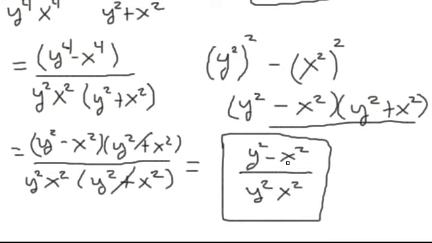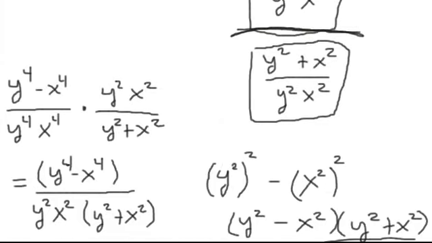And of course, see this? This is the difference of two squares. But that's not going to help us out. So this is it. All of that nutty stuff up here all reduced down.